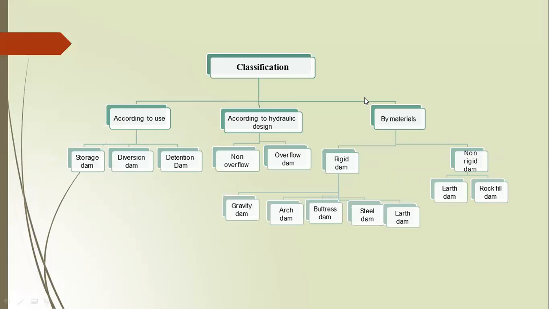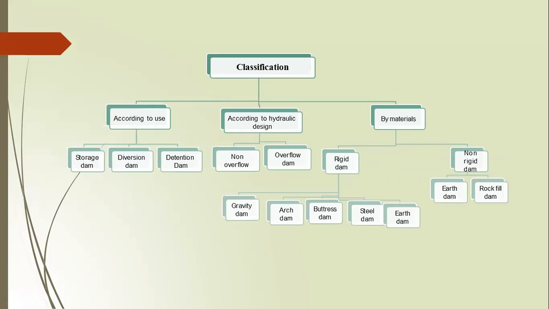Now, as far as the classification of dams is considered, basically it is classified in three main categories. First one is according to its use. Second one according to the hydraulic design, and third one by the materials used for its construction.